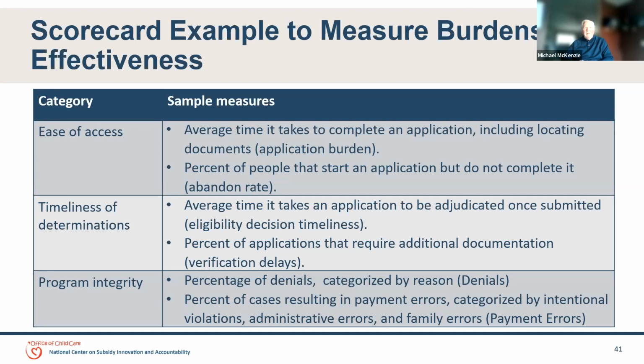As an example, if you make a change to your application process and your abandonment rate goes up, you probably want to find out why, right? It's going to take some additional information after you look at your measurements, but there could be a couple different reasons. Maybe your new process created an additional barrier that you did not consider when you implemented this.